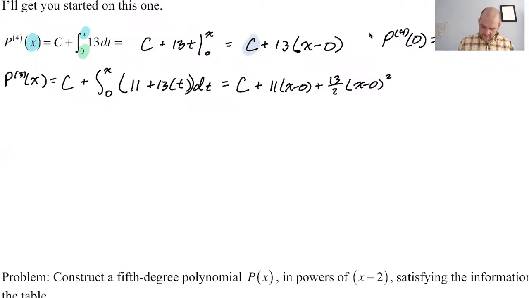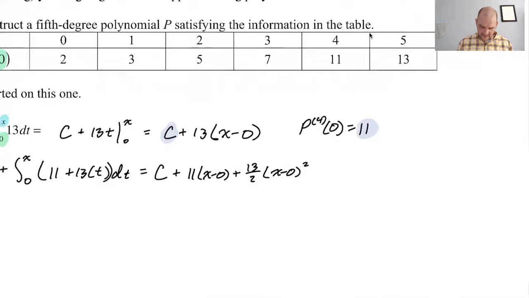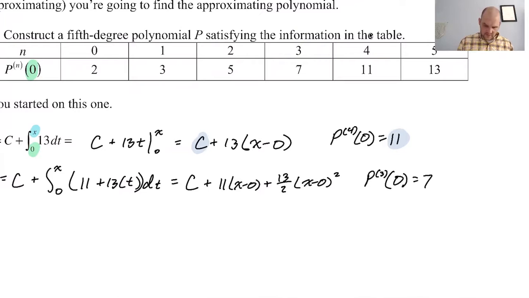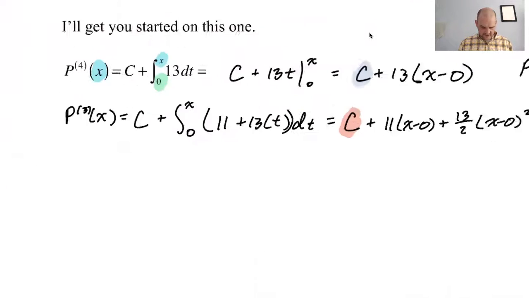Now, I know from the table that the third derivative at 0, because everything is at 0 in this table, third derivative at 0 is 7. So I know that P3 of 0 equals 7, which means that C, when I plug in 0 for x, everything else goes away, must be 7. All right, let's find the second derivative.